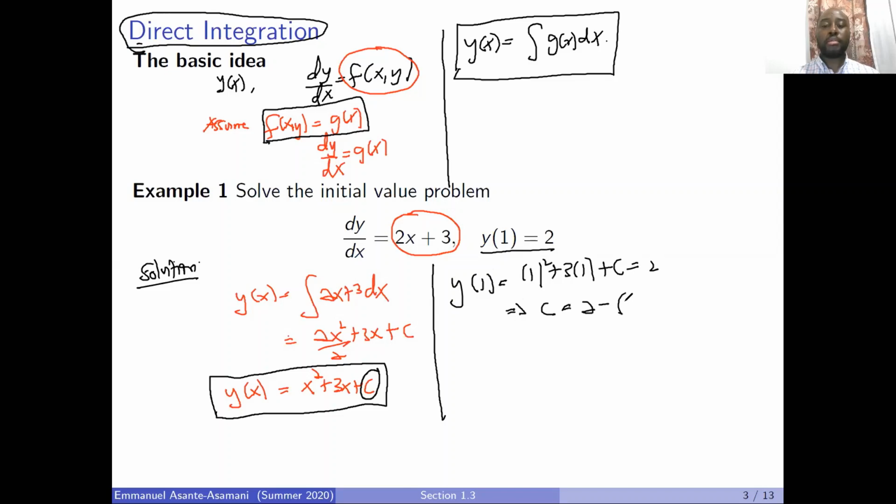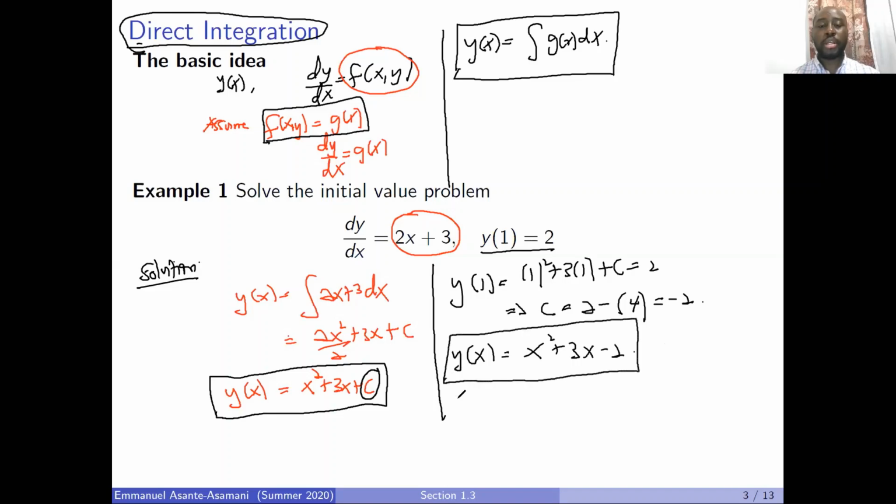minus 4, right? So that is minus 2, right? And so my particular solution is now x squared plus 3x minus 2. And this should satisfy both the differential equation and the initial condition. And that's all there is to direct integration. Okay.